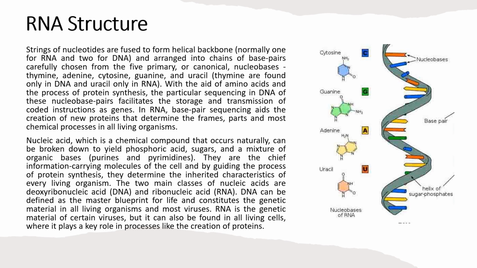In RNA, base pair sequencing aids the creation of new proteins that determine the frames, parts, and most chemical processes in all living organisms. Nucleic acid, which is a chemical compound that occurs naturally, can be broken down to yield phosphoric acid, sugars, and a mixture of organic bases, purines and pyrimidines.